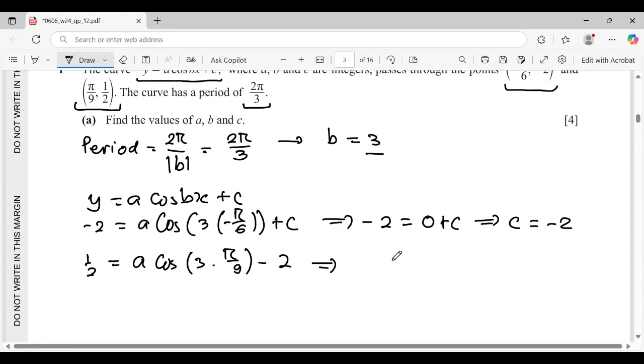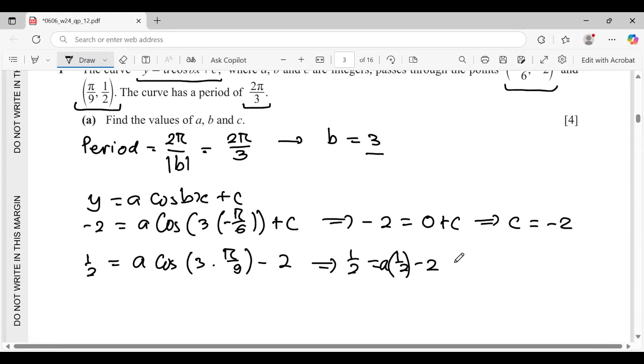So 1/2 equals a cosine 1/3 pi, minus 2. Cosine 1/3 pi is 1/2, so it is a times 1/2.